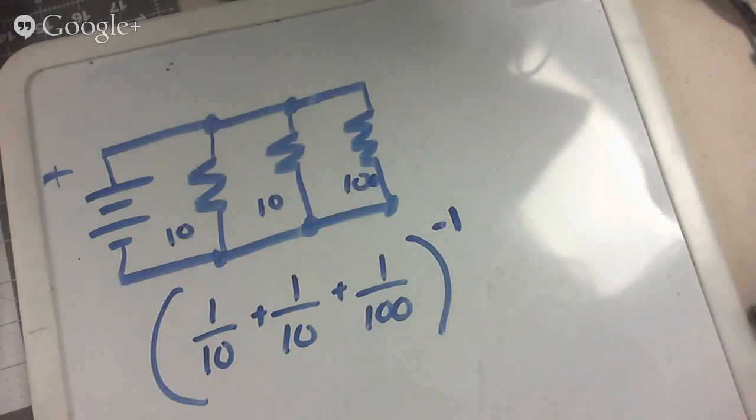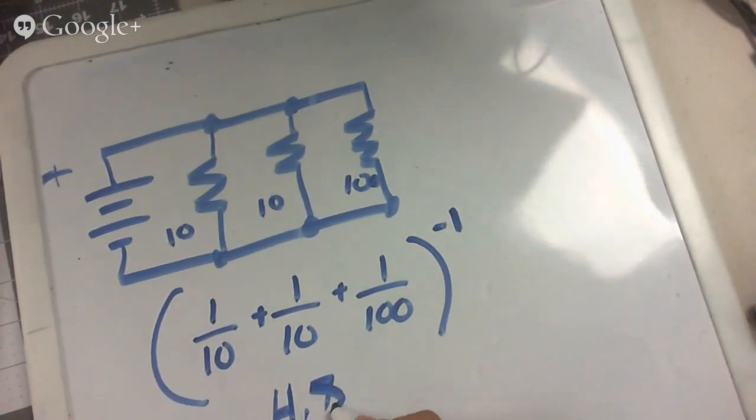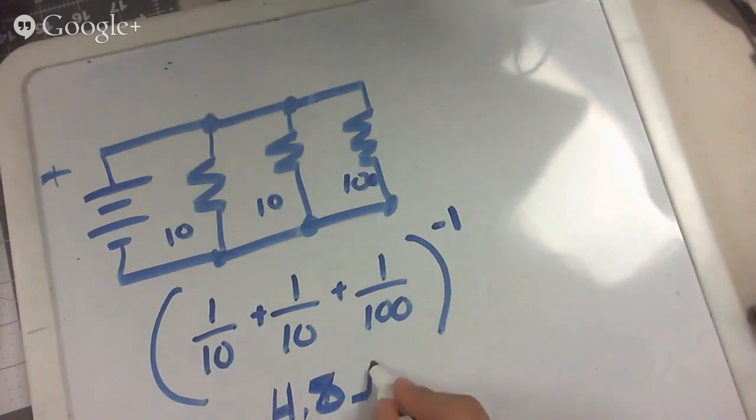In this case, it would be 0.1 plus 0.1 plus 0.01, which is the equivalent of about a 4.7, we get 4.8 ohm resistor.